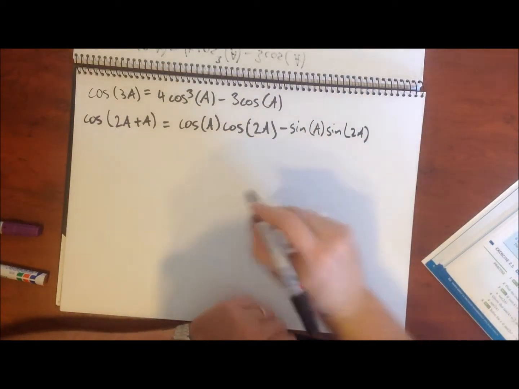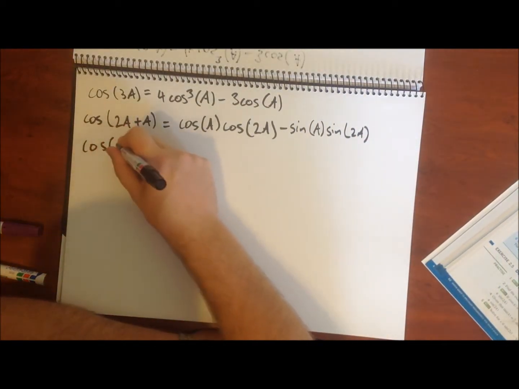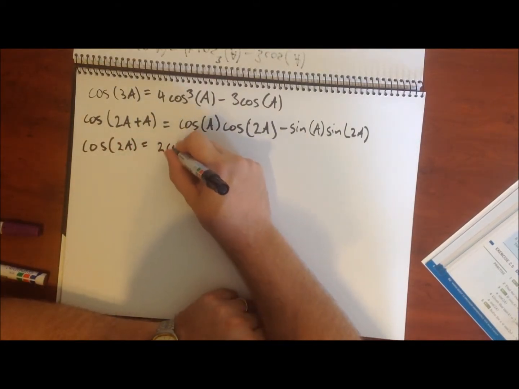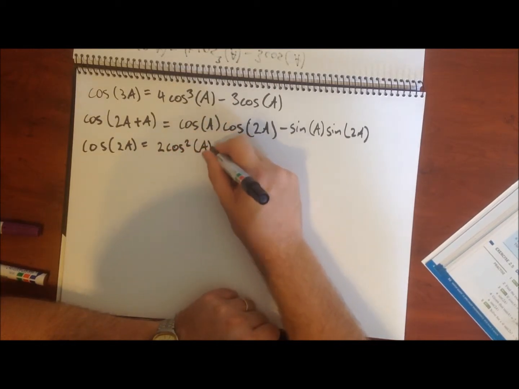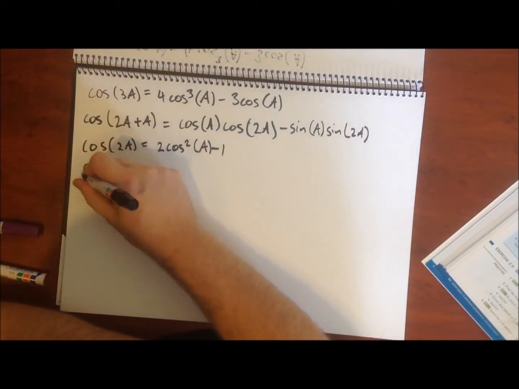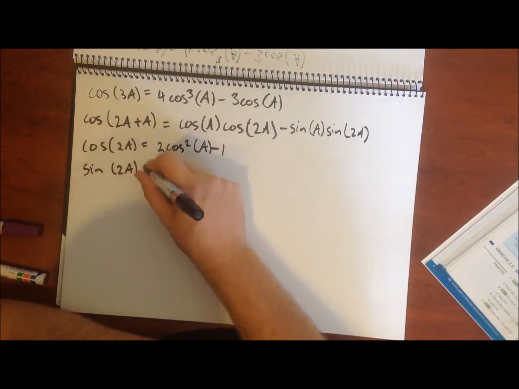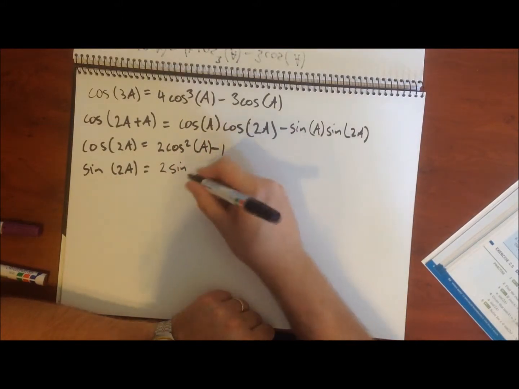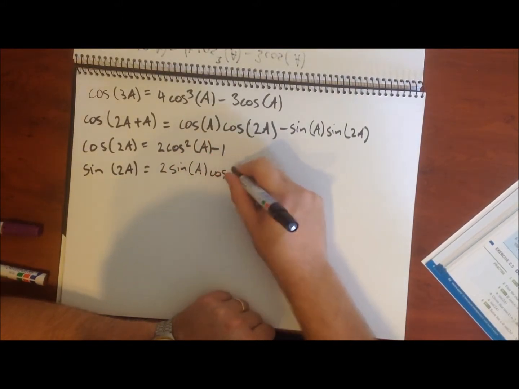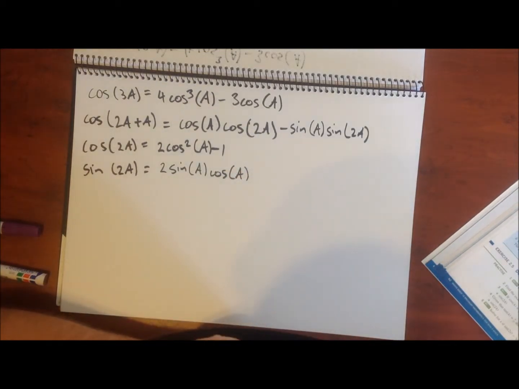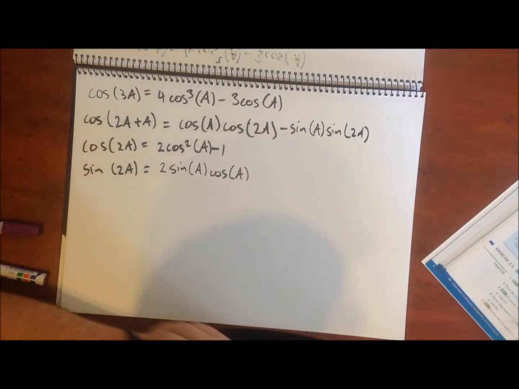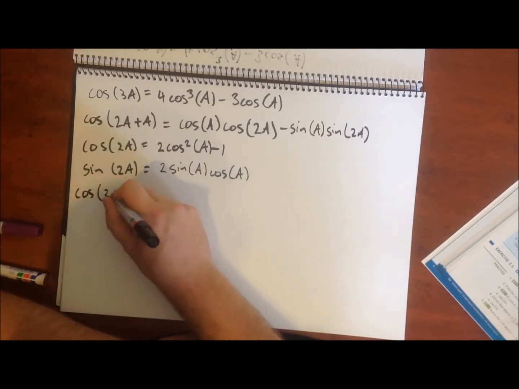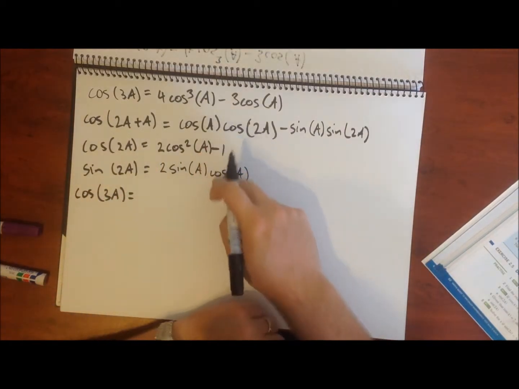Okay, and then we know that cos of 2A is equal to 2 cos squared A minus 1, and we also know that sine of 2A is equal to 2 sine A cos A from our previous work. So when we do that, we can say then that cos of 3A, basically we can sub all of these parts into here.